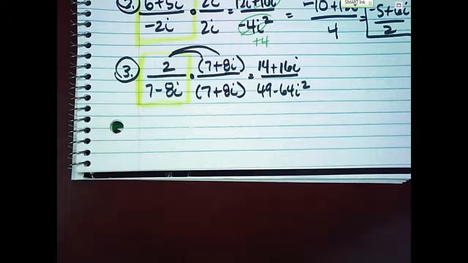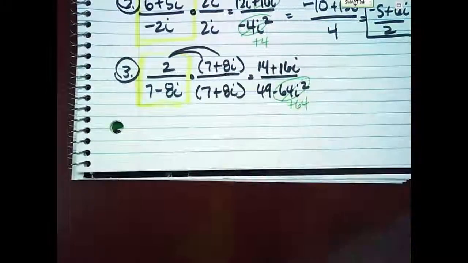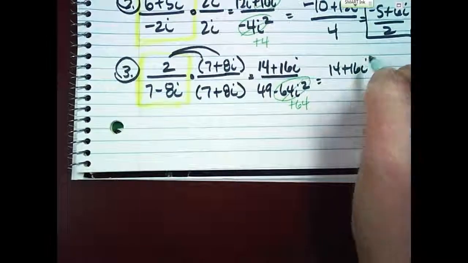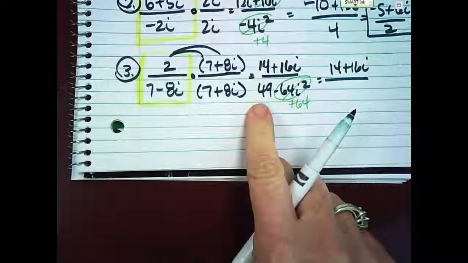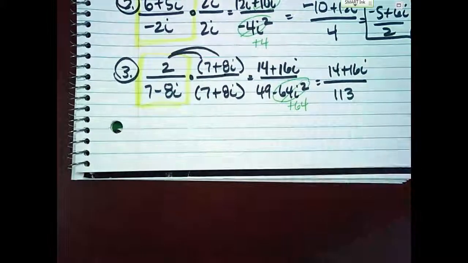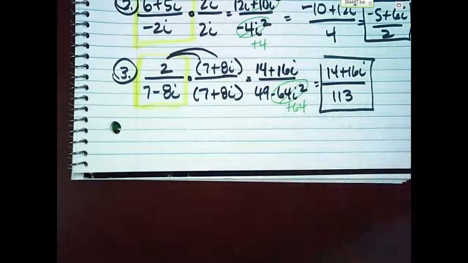The bottom right here can be cleaned up a little. This would be a positive 64. Giving us in the numerator 14 plus 16i over 49 and 64 make 113. I can't reduce it. So you're done.